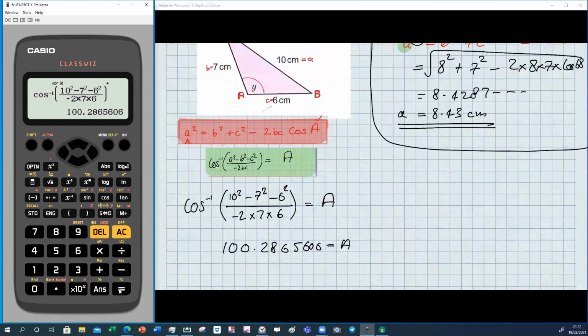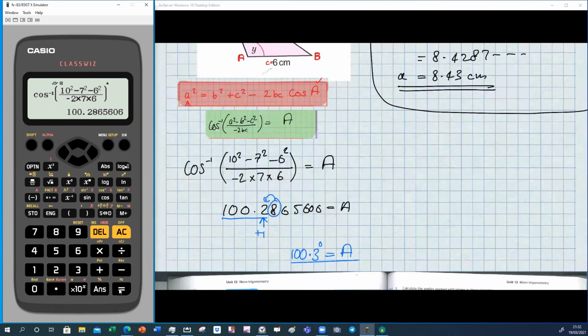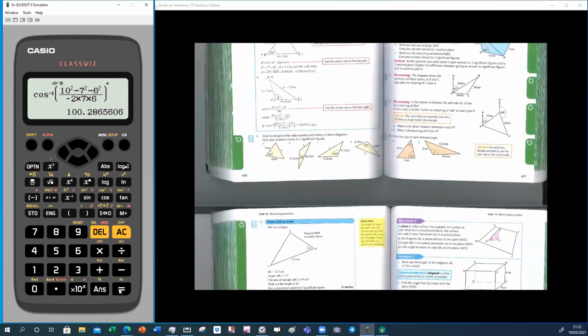So to 1 dp, we're going to stop over here and look at this number. That makes us add 1. So our final answer for A is 100.3 degrees. Fantastic. Lovely.